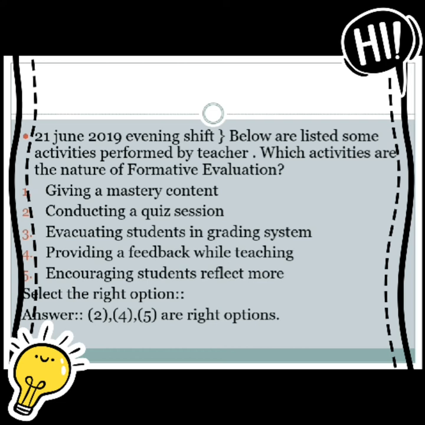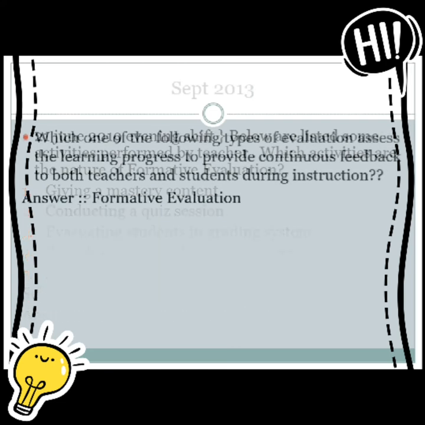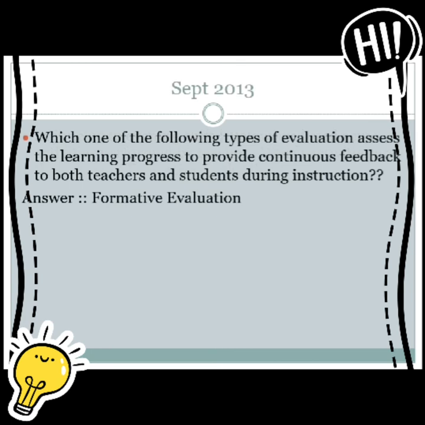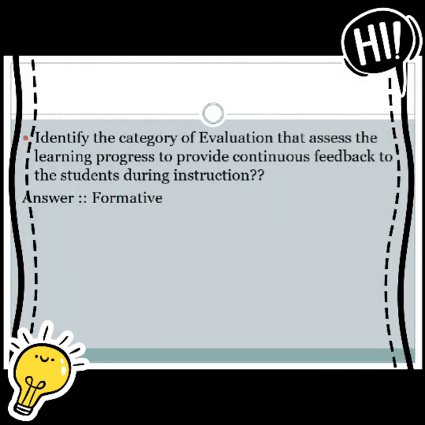Which one of the following types of evaluation assesses the learning progress to provide continuous feedback to both teachers and students during instruction? Formative evaluation. Identify the category of evaluation that assesses the learning progress to provide continuous feedback to the students during instruction.